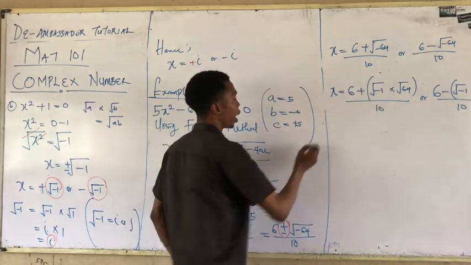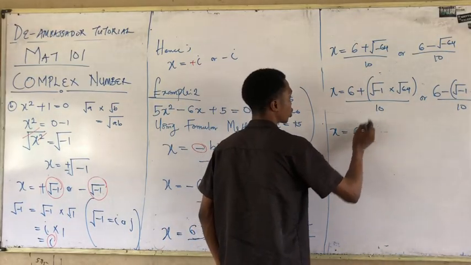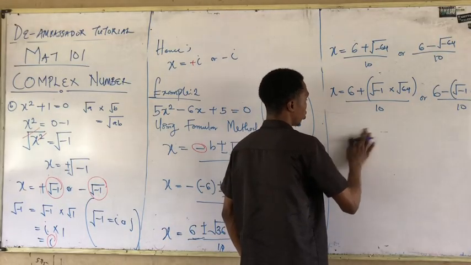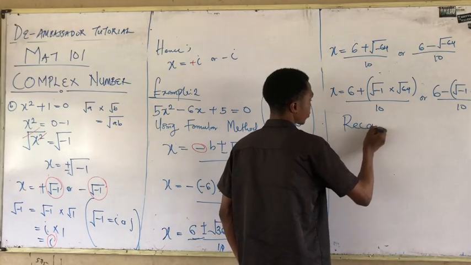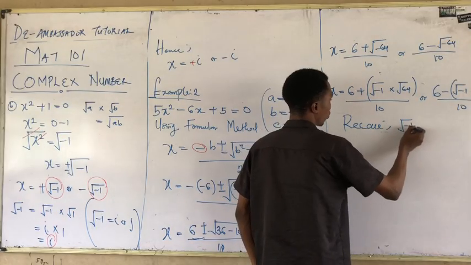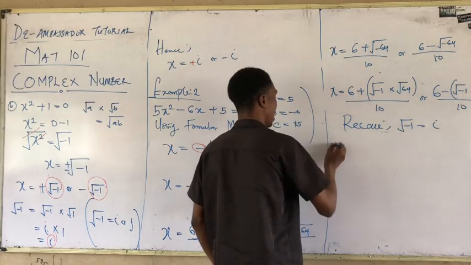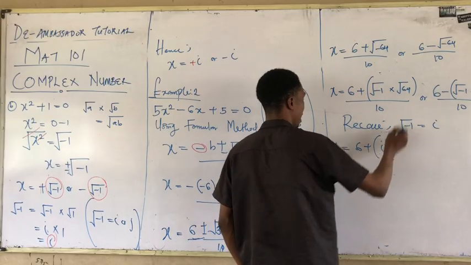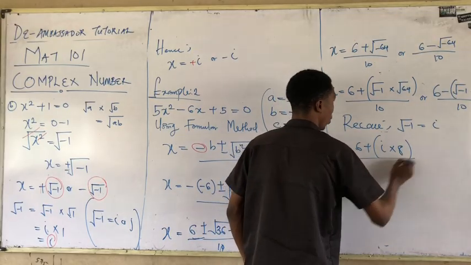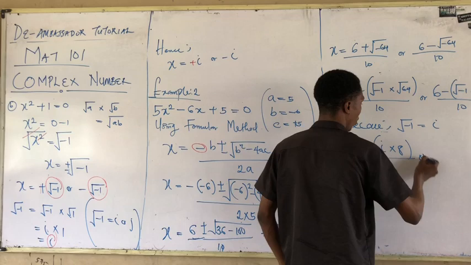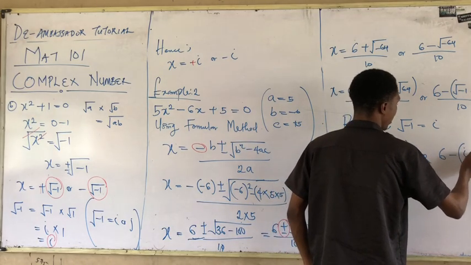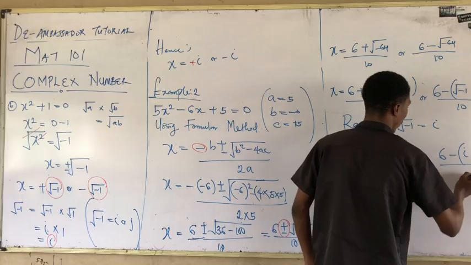Yeah. So what will I have? x equals 6 plus, what's this thing for everyone? Very good. Recall that root minus 1 is I. So that means x is equal to 6 plus I times 8 over 10, or minus, that's 6 minus I times 8 over 10.